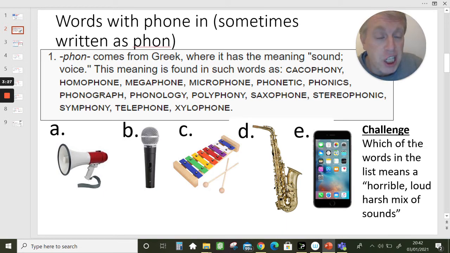And for challenge, one of the words on that list in the box means a horrible, harsh, loud mix of sounds. When that's hurting my ears. Stop that. Which word would it be? You might need to look a few of them up in the dictionary if you weren't sure what they meant.